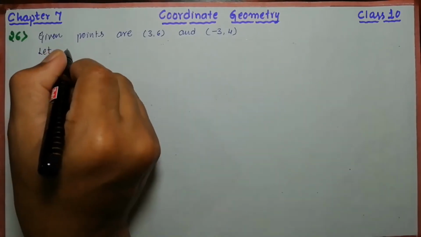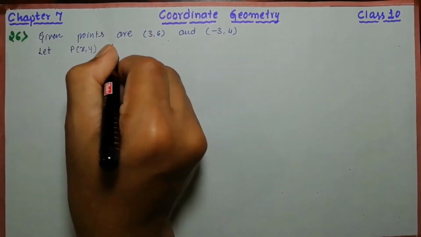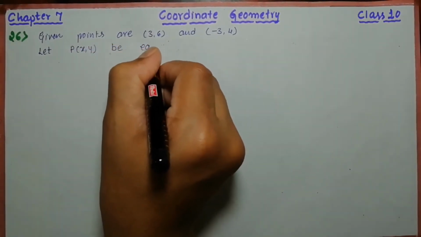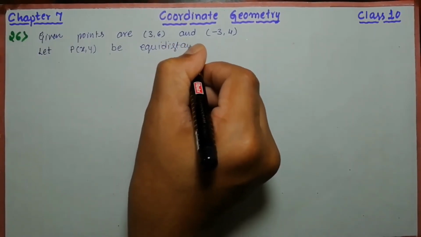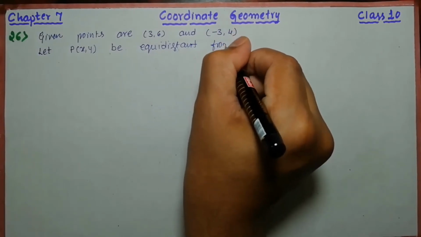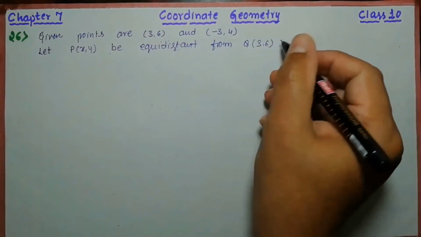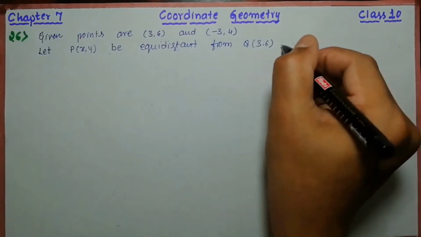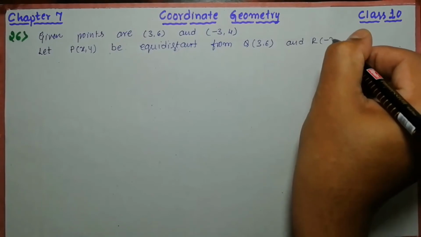So write down: let P of x comma y be equidistant from Q of 3 comma 6 and R of minus 3 comma 4. You have to denote them like Q and R.